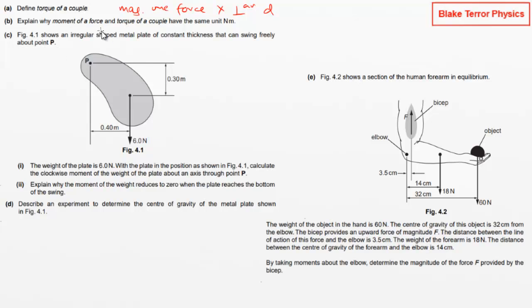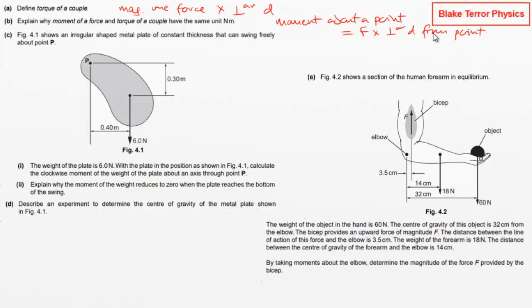Explain why the moment of a force and the torque of a couple have the same unit, Newton times meters. Well, a moment is a moment about a point. That's what we've always got with a moment. It's always a moment about a point. That is the force times the perpendicular distance from that point.